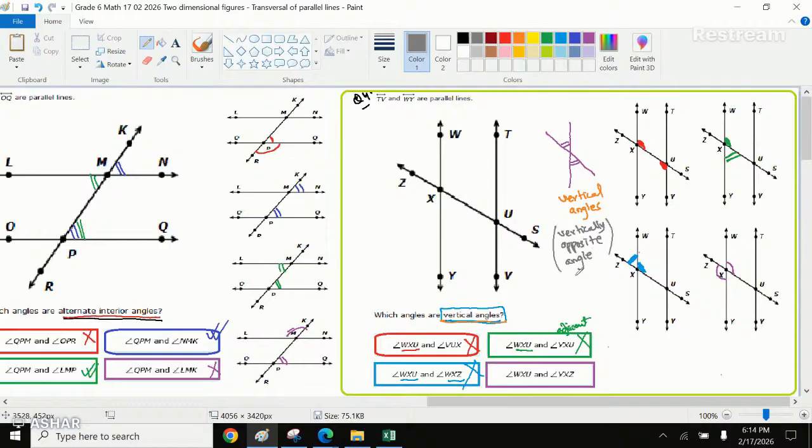Whenever we have a formation of X, like two intersecting lines, and we know the angles that are alternate to each other, in front of each other, that means they are vertical angles. So what we can write over here is, this angle is vertical angle to this angle. Okay.